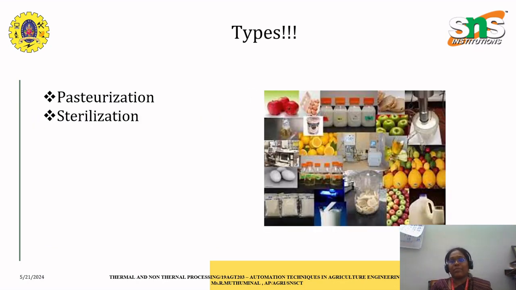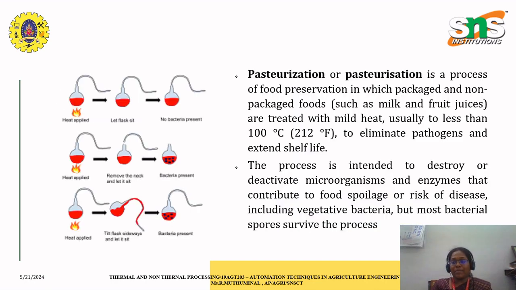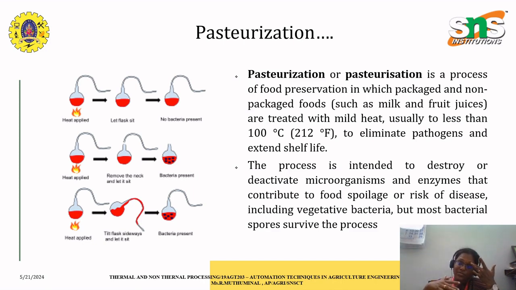The types of thermal processing: basically, thermal processing involves two types. The first one is pasteurization and the second one is sterilization. Pasteurization is a process in which packaged and non-packaged food such as milk and fruit juices are treated with mild heat, usually less than 100 degrees Celsius, in order to eliminate the pathogens and extend the shelf life.